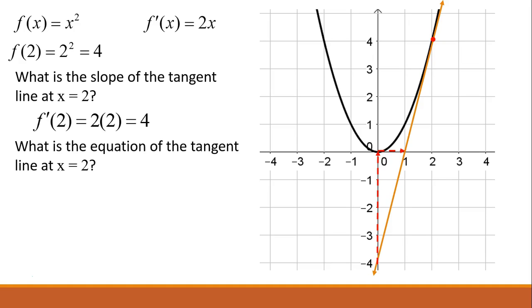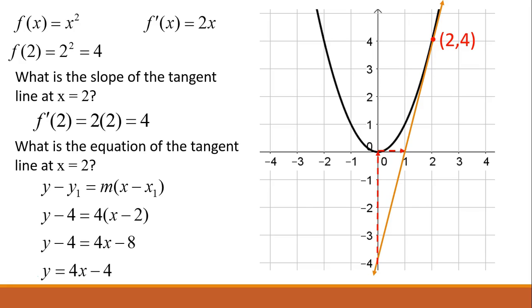So 2 squared is 4. So our point of tangency is (2, 4). And now we want to write the equation of a line that goes through (2, 4) and has a slope of 4. And the equation of that line would be y equals 4x minus 4.